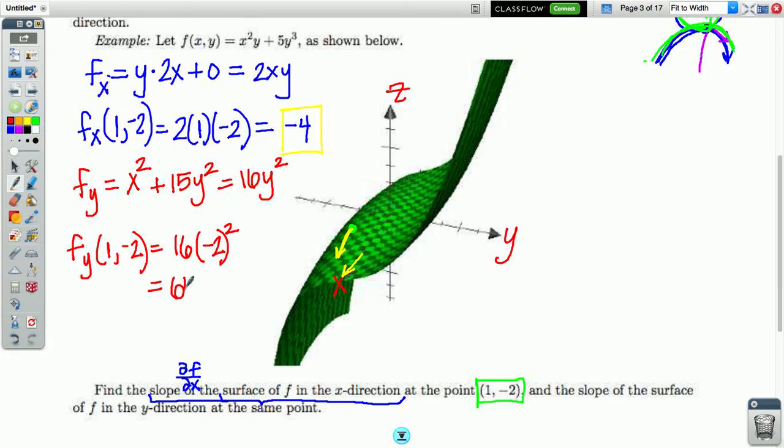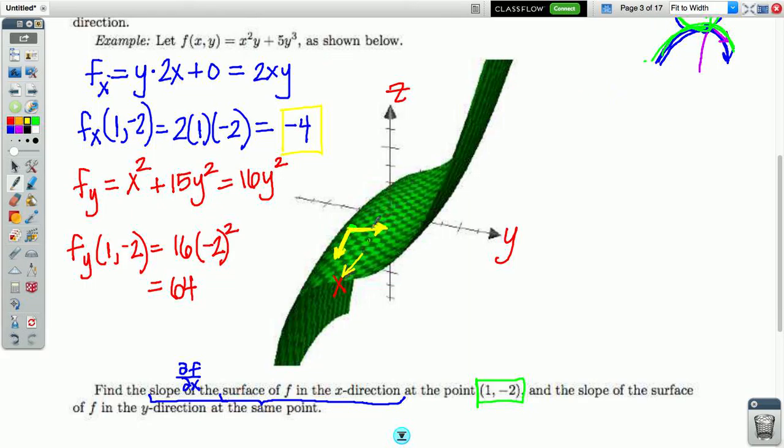So the slope here is 64, which looks exactly like what we were expecting to see, because in the y direction, I can tell that we are walking really, really steeply uphill. So the slope in the y direction is very, very steep uphill, and the slope in the x direction is actually heading downhill. So this is kind of an example of that saddle point, like a Pringle that we were talking about earlier.